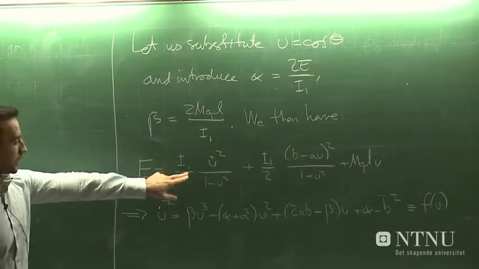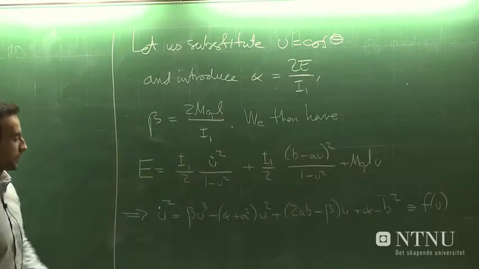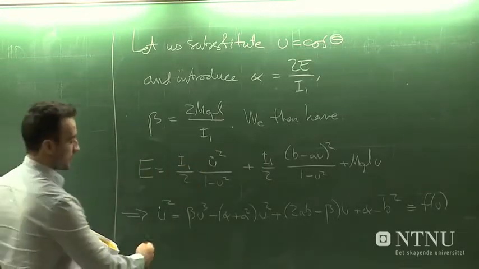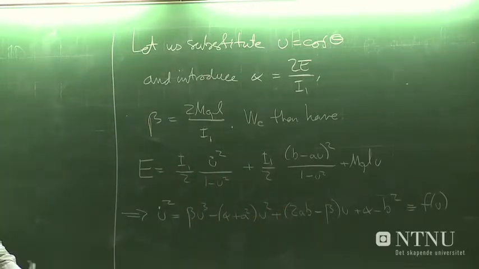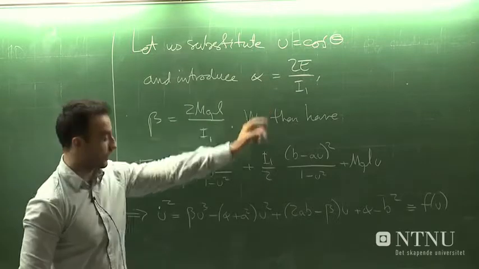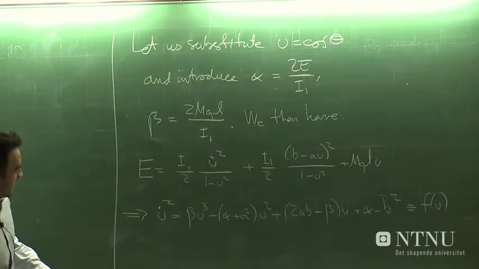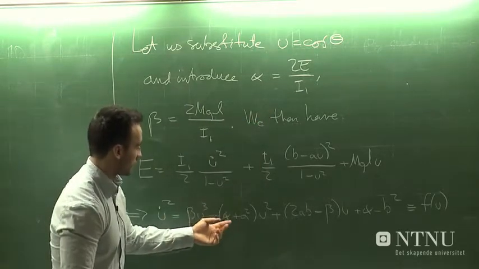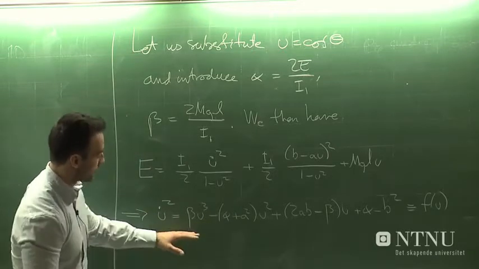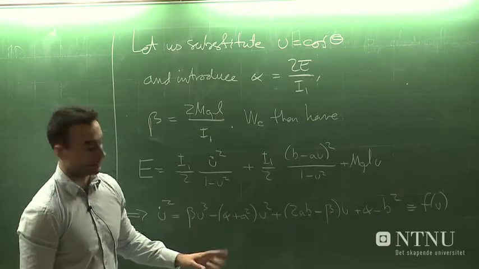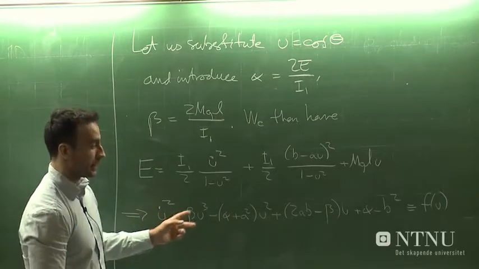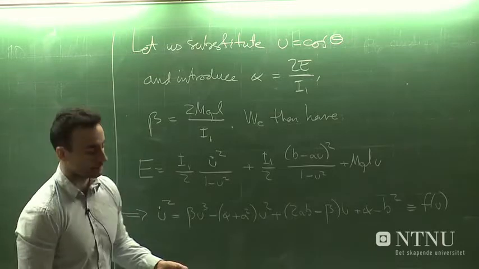So what I've done here is to isolate u dot squared and express it through these other constants. So the energy is now contained in alpha. So we have a polynomial here to third order in u, and I'm defining this entire function here as a function of u. So we have an equation u dot squared is equal to some function of u.